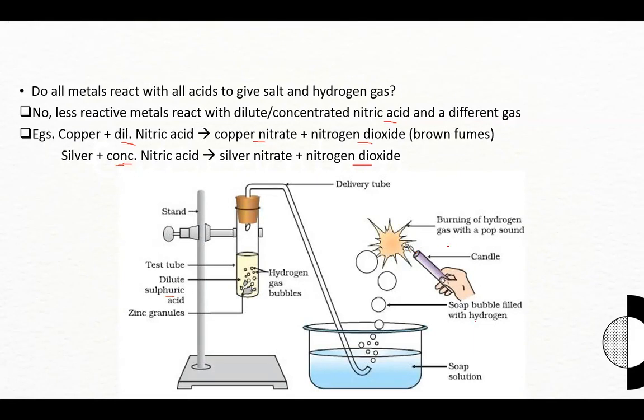Now, the reaction that you're going to get on this end is a popping sound. That's what you should hear when the flame from the candle and the bubble come into contact. Once it bursts, the bursting of hydrogen gas will give a pop sound, and that's how you will identify that the gas being produced in this experiment is hydrogen.